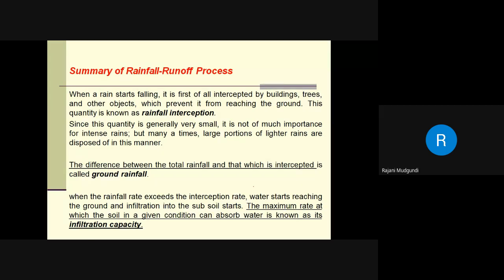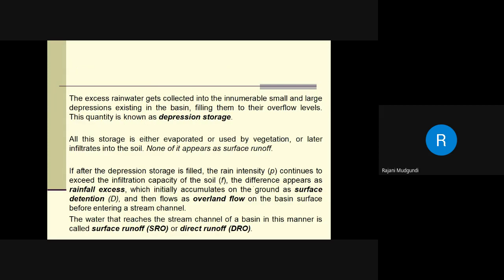When the rainfall rate exceeds the infiltration rate, right? So F is greater than infiltration rate I, water will start reaching the ground and infiltration into the subsoil will start. The maximum rate at which the soil in a given condition can absorb the water is known as its capacity to infiltrate water, that is infiltration capacity.